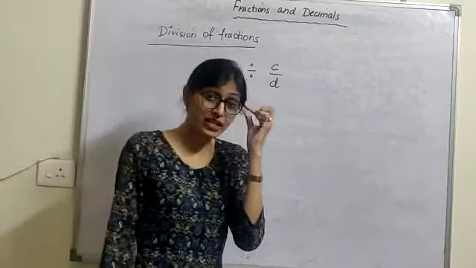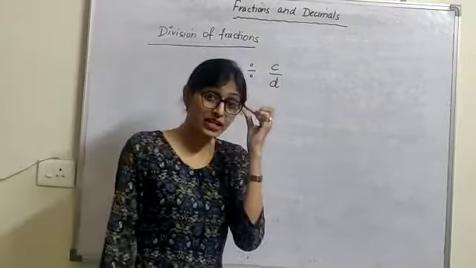Two fractions are there, and when we have to divide them, convert the division sign into multiplication, and the fraction after that gets reciprocal, d by c. Only this you have to do in division. Rest part is same as multiplication.